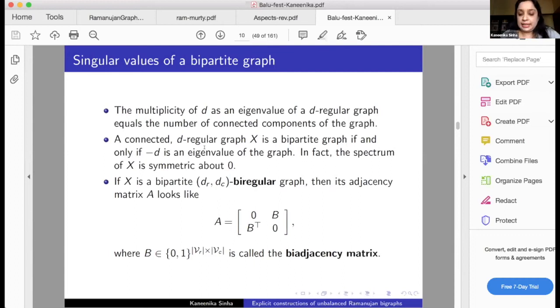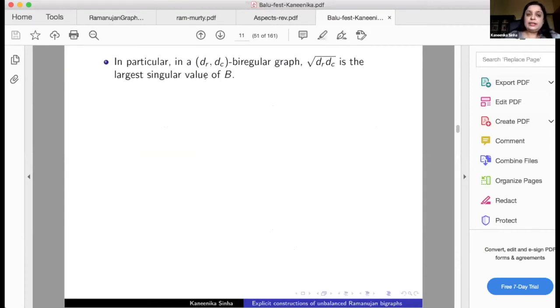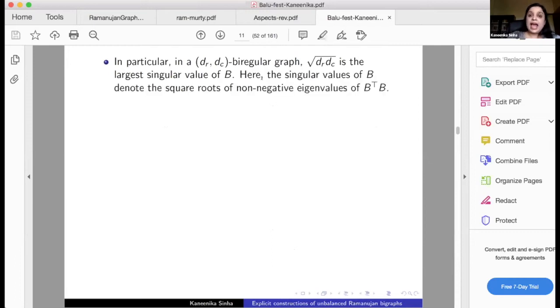But now, obviously, in many situations, B need not be a square matrix anymore. So that's why we can talk about singular values of these rectangular matrices B. In particular, in a d_R-d_C biregular graph, √(d_R d_C) is the largest singular value of the biadjacency matrix B. And in case you have not heard the definition of singular values, it simply refers to the square roots of the non-negative eigenvalues of B transpose B.